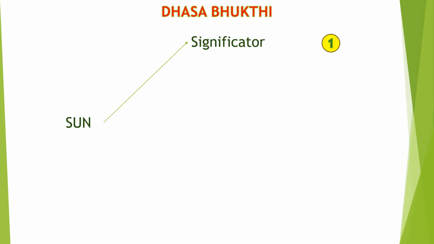So the next is the lordship. We have discussed the lordship: any of the 9 planets has its own houses. If any planet is present in that house, then it will only give its karakatvas, that is the significator benefits, to the horoscope.